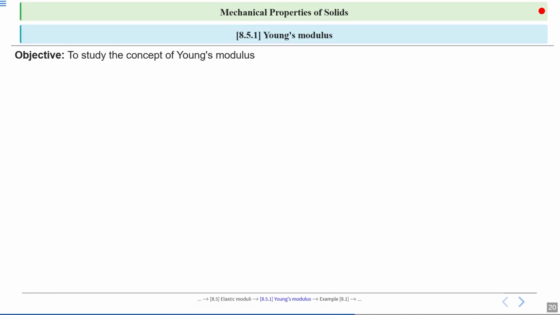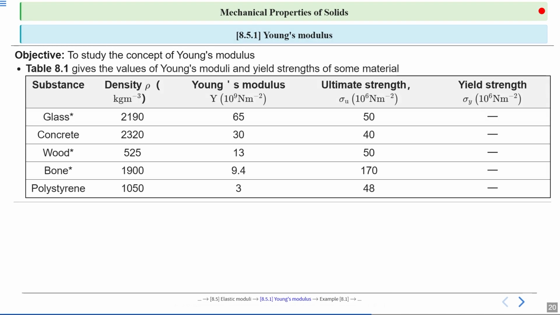Table 8.1 also gives Young's moduli and yield strength for some other materials: glass, concrete, wood, bone, and polystyrene. Young's modulus for glass is 65, concrete 30, wood 13, bone 9.4, and polystyrene 3. Notice that Young's modulus is measured in newtons per square meter and tells us how much a material resists being stretched.